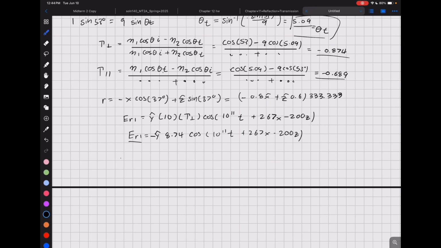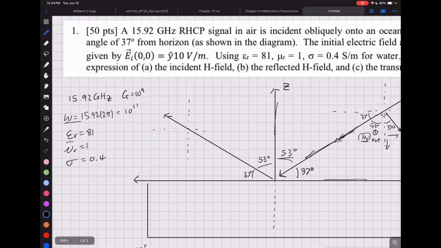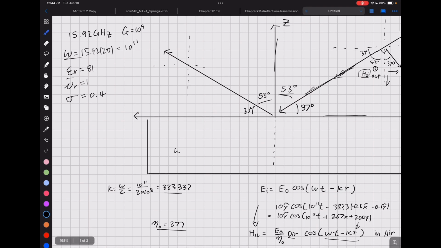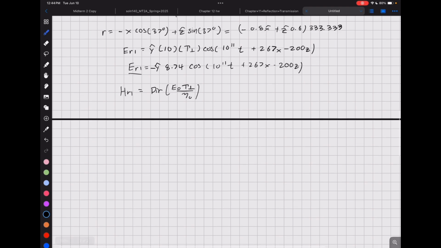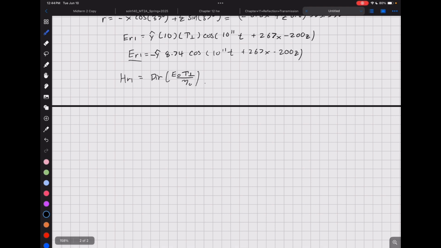To find H reflected 1, we need the direction, the E naught, gamma perpendicular over eta naught, because we're still in there, as seen in this diagram. This is air up here, and water is down here. We have cosine 10 to 11 t plus 267x minus 200z.